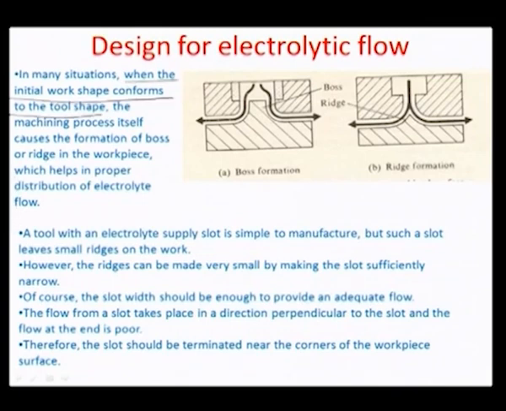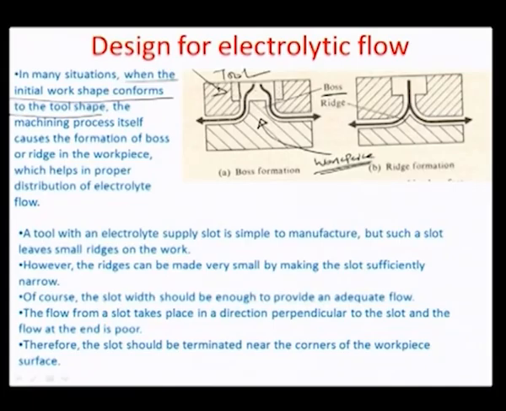For example, in this particular case, you see that this is the tool, okay, and there is a boss on this workpiece which has somehow come into the path of the electrolyte flow. Okay.